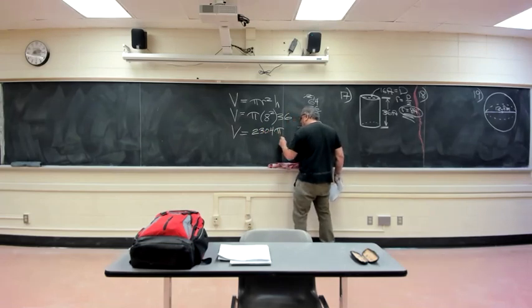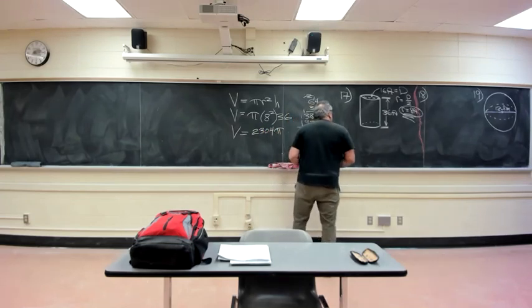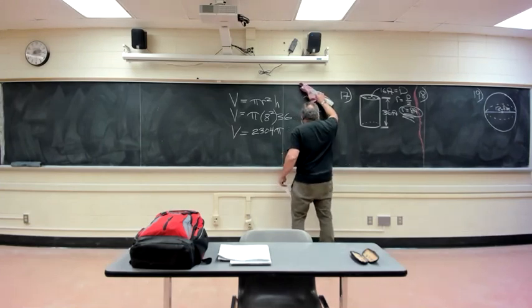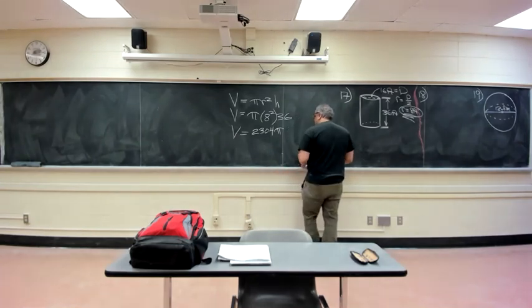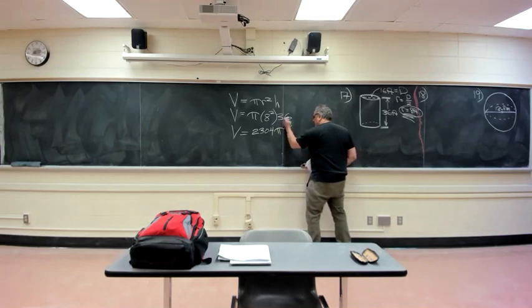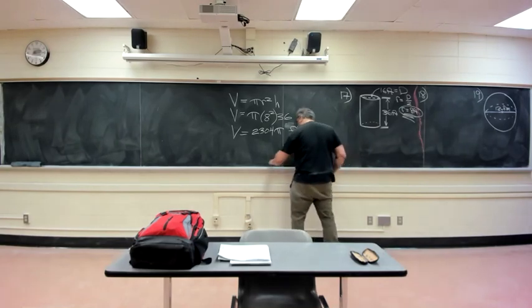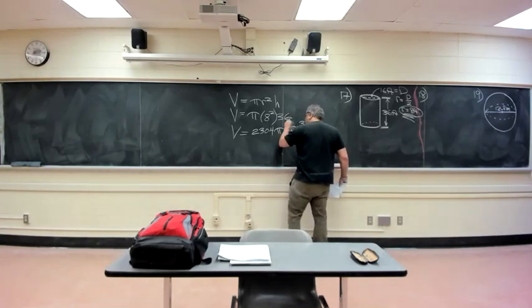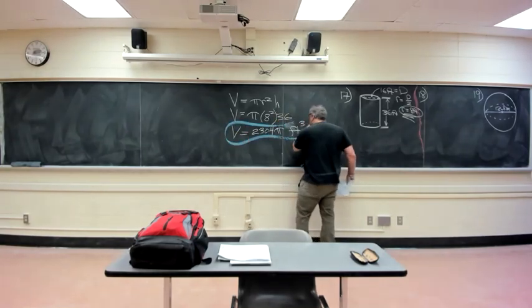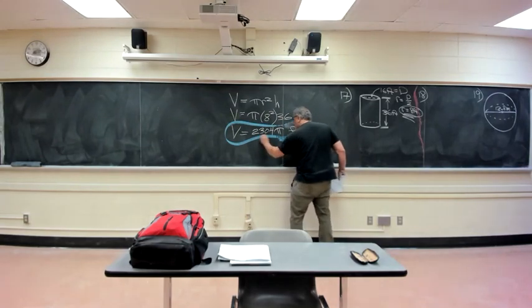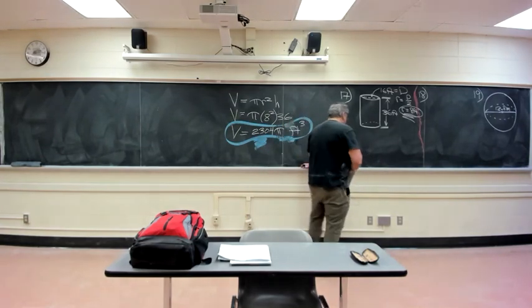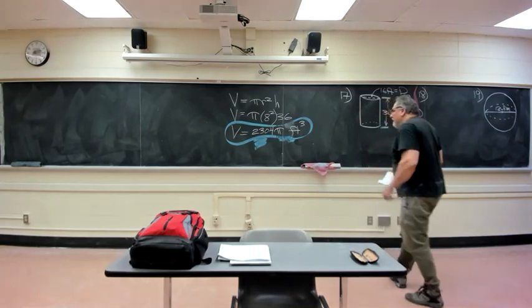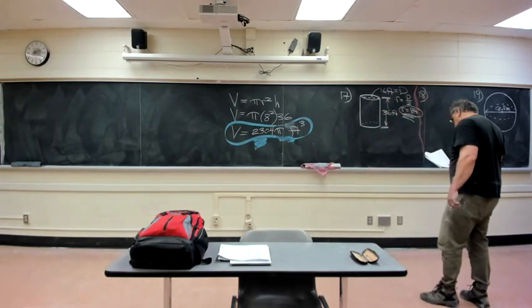So the answer is 2,304 pi cubic units. You're not cubing the number. You're going to the far right and cubing the units. That's the exact volume. That's A.